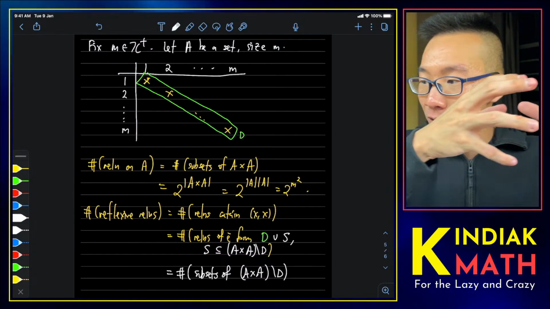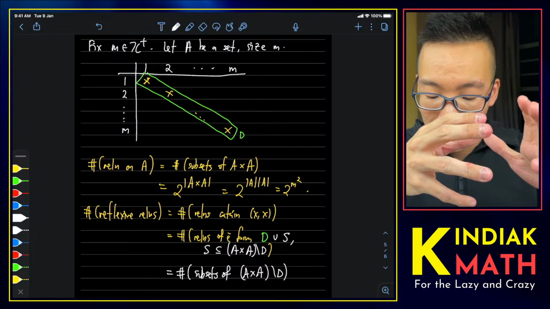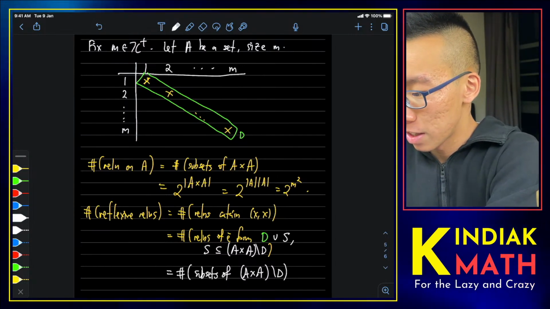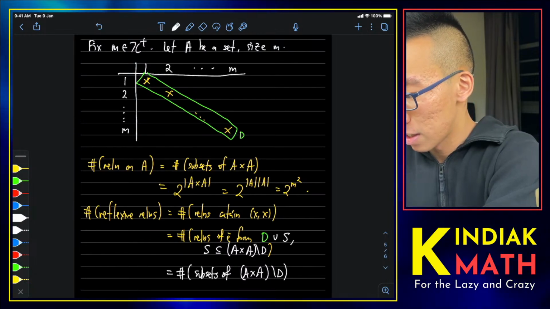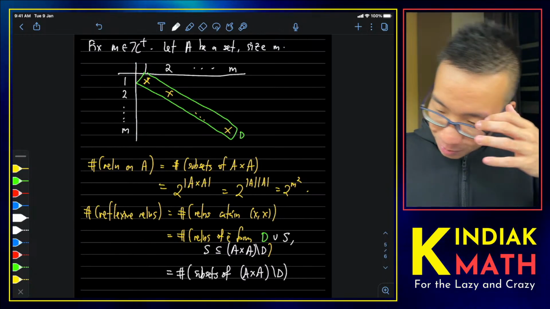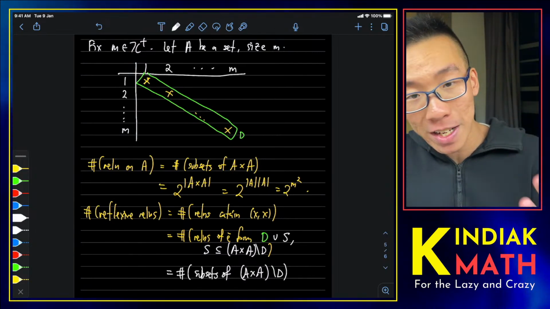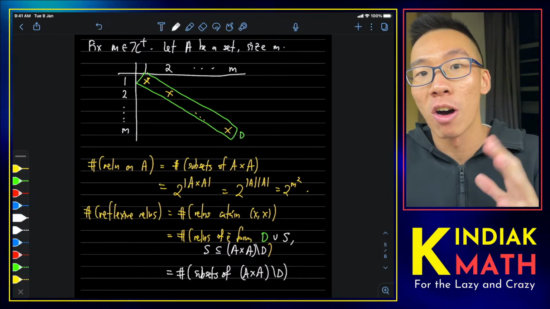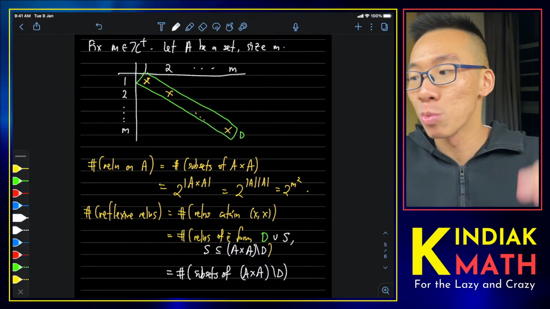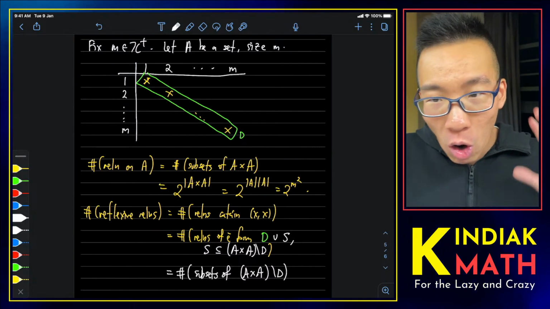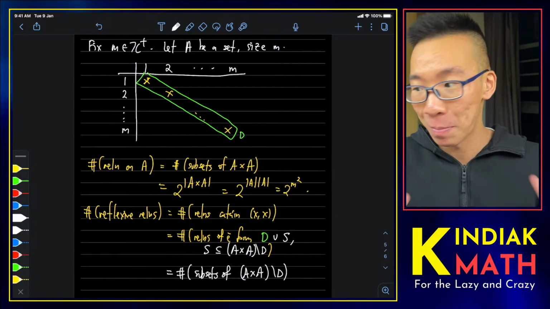And for every one of these subsets, you can form a reflexive relation. So the total number of relations that are reflexive are the number of subsets of the off diagonals, because all of these relations will definitely always include the diagonal. Does that make sense?